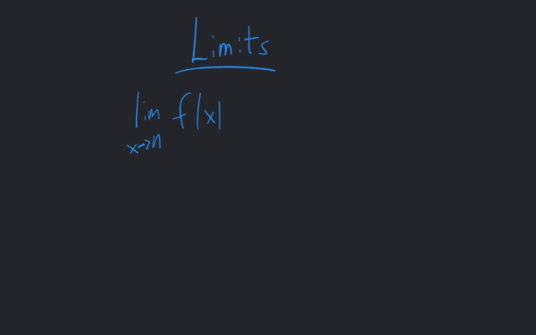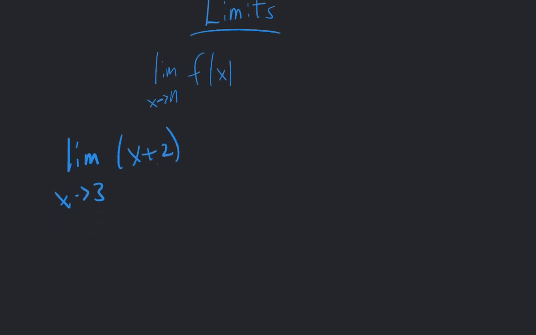So, for instance, if we say f of x is equal to x plus 2 and set n is equal to 3, then we can rewrite this as this, which is basically just saying the limit as x approaches 3 of x plus 2.